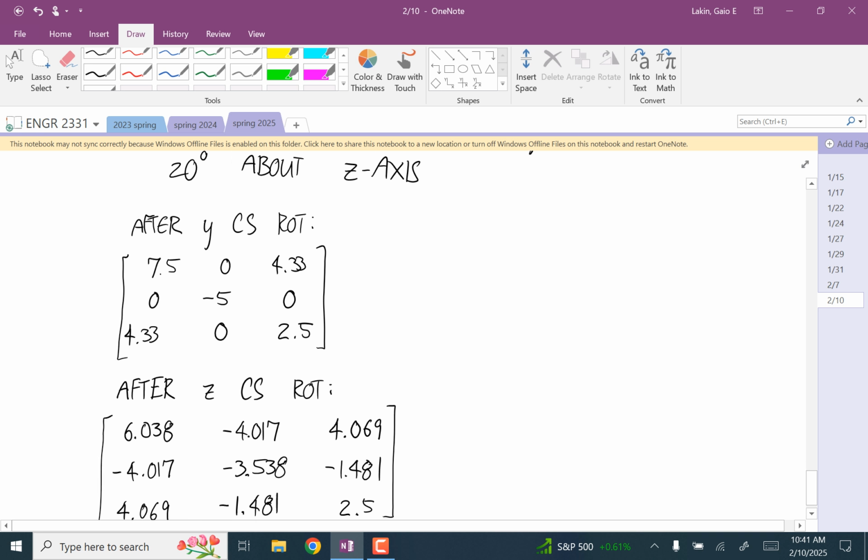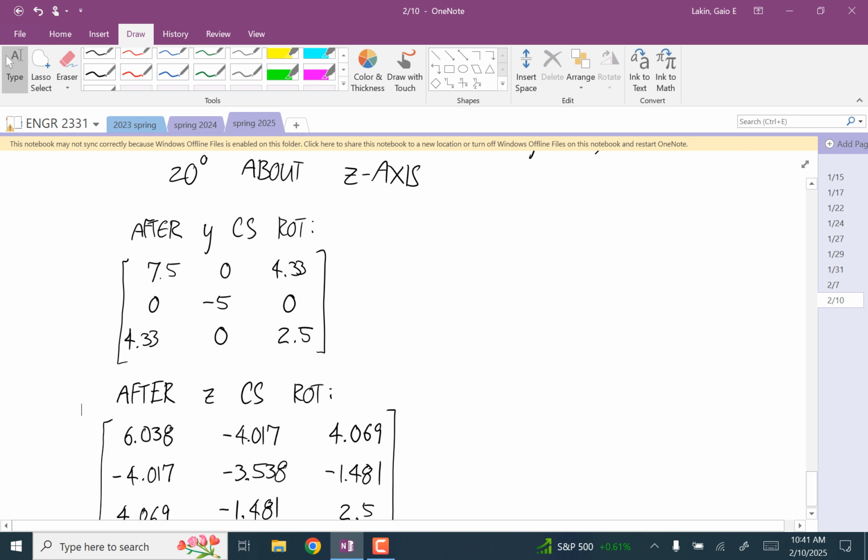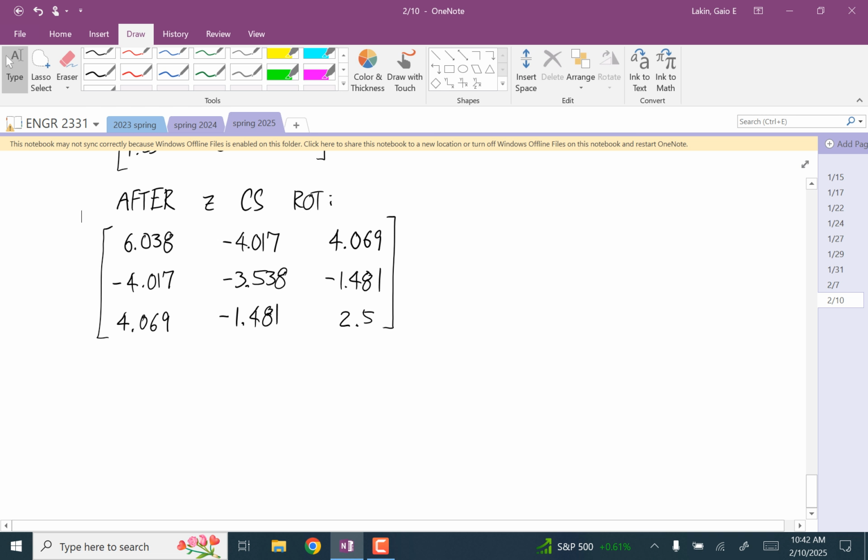Okay, so how are we going to calculate this? So this is the example now.